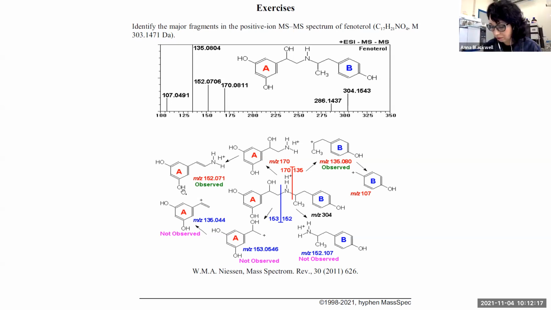Yes. And that is not observed. Okay. Yes. And basically if you say I get a fragment due to the cleavage at one side of the nitrogen, and then I say I get an ammonia loss, then basically what you do is you cut at the other side of the nitrogen. Okay. Thank you.